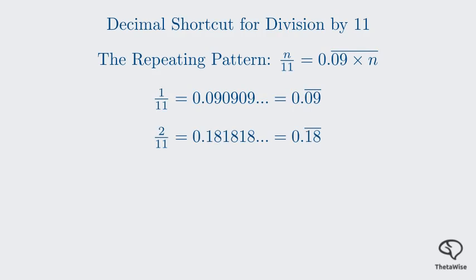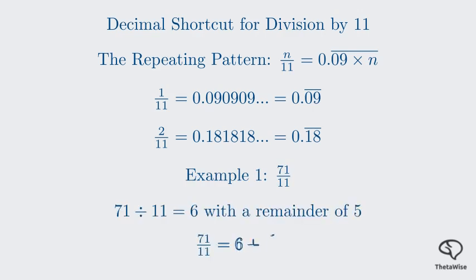Let's apply this to a larger number. What is 71 divided by 11? First, we do the long division to find the whole number part and the remainder. 71 divided by 11 is 6 with a remainder of 5. This means 71 over 11 is equal to 6 and 5/11ths. Now we just need to find the decimal for 5/11ths.